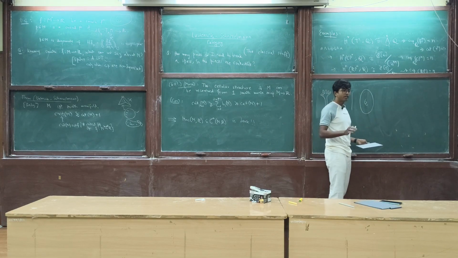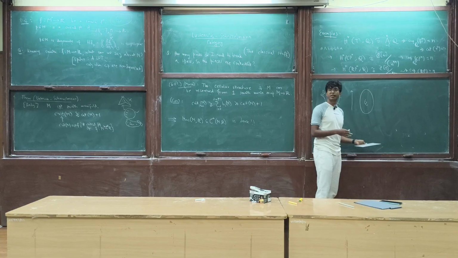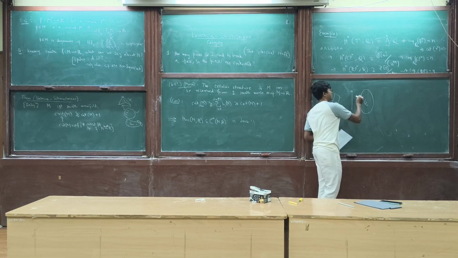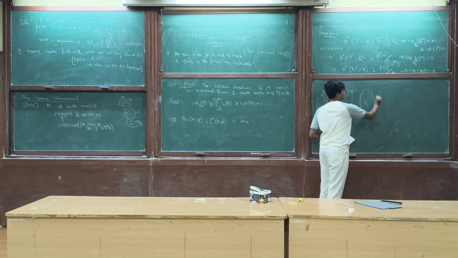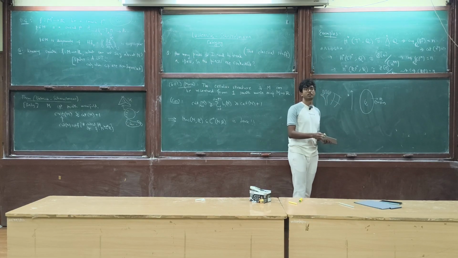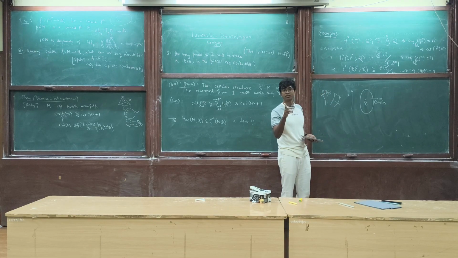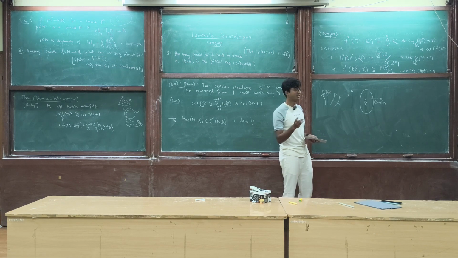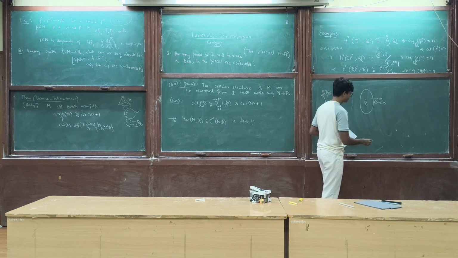So, intuitively, can anybody guess how many critical points this has? This is the z-axis. 2, I have 2, I have 4. The correct answer is 4.